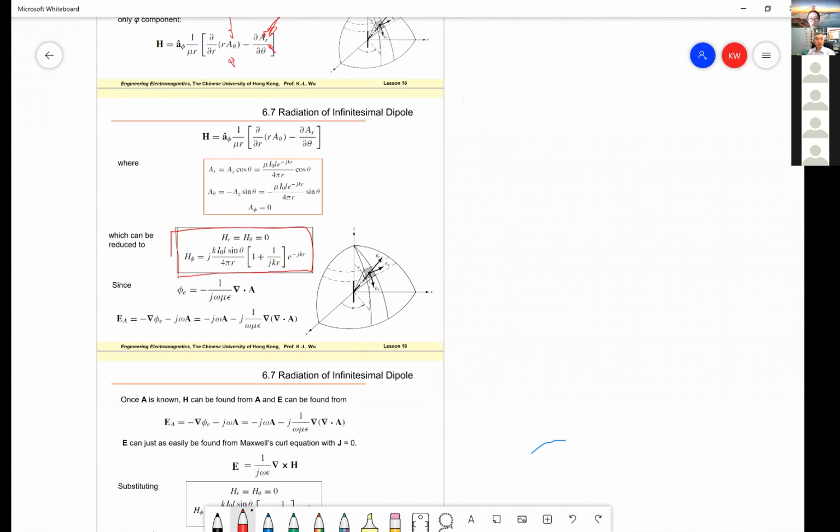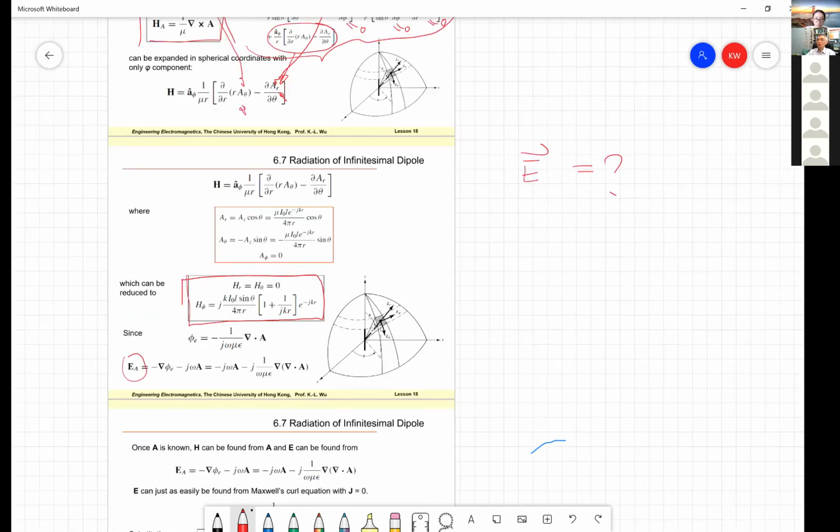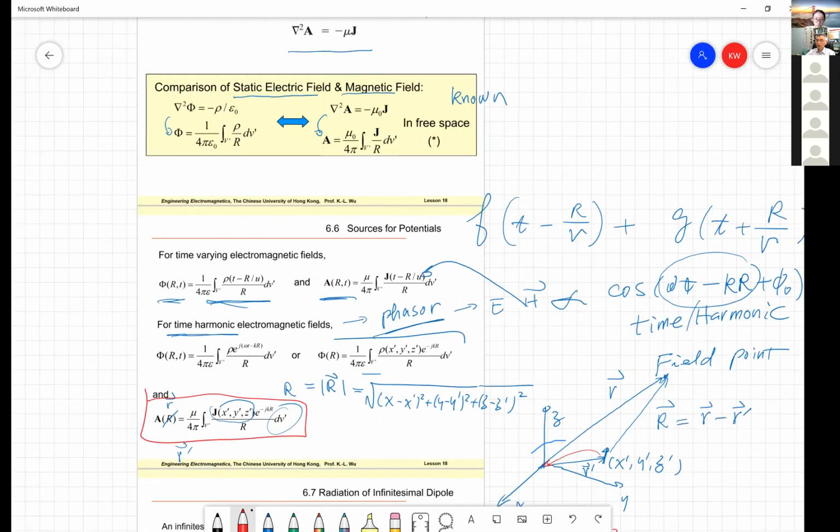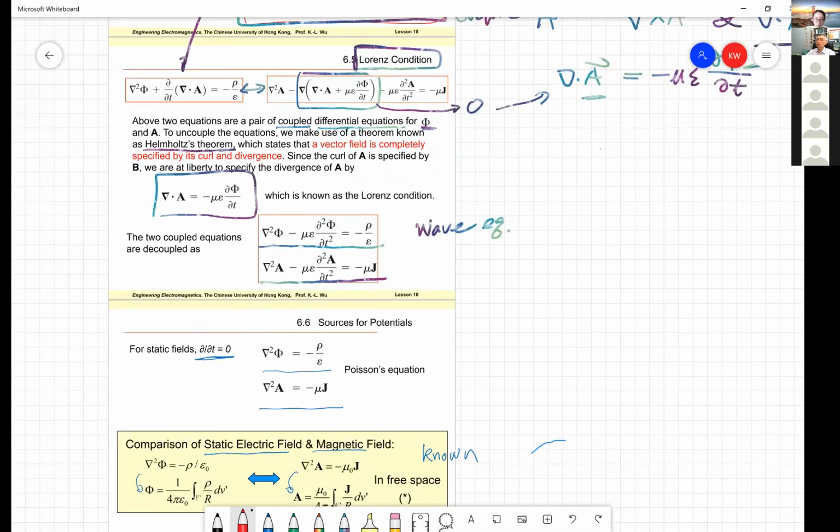Now we can see we have two ways to find the electrical field. One way to find the electrical field is, go back and look at this.